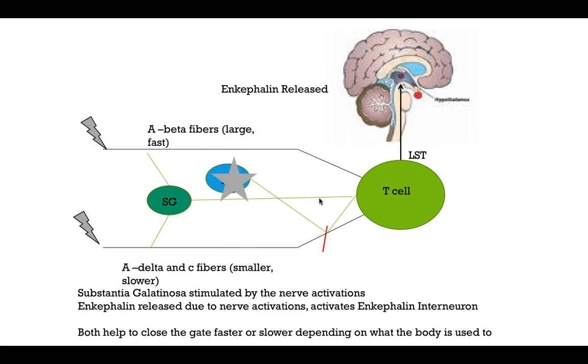In this case, we're showing it facilitating the gate, closing the gate faster on those A deltas. So just to see it again, this would be an inhibitory one, right? So if we're not used to that, it closed a little bit slower, it took a little bit longer, we had a little more experience of the pain.